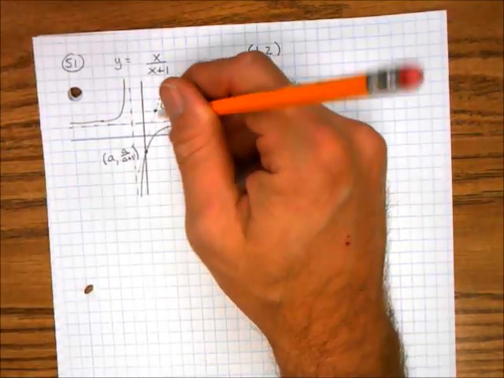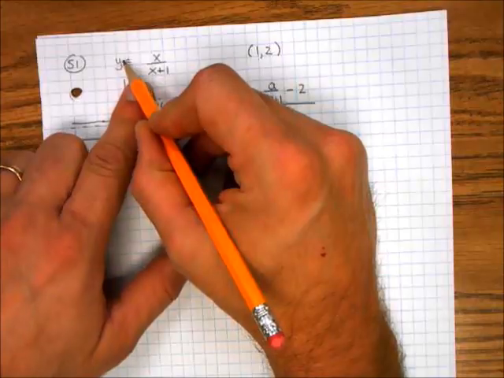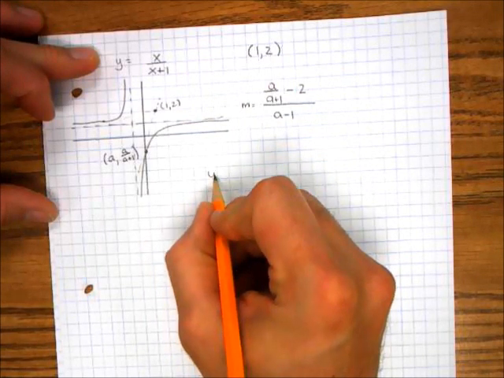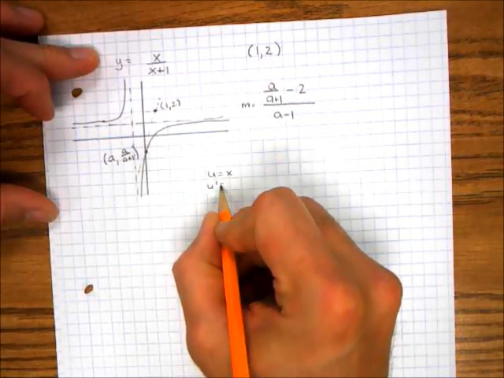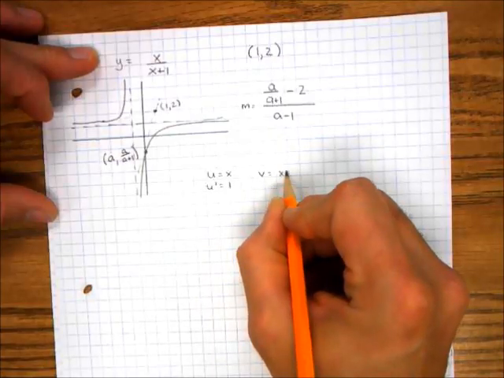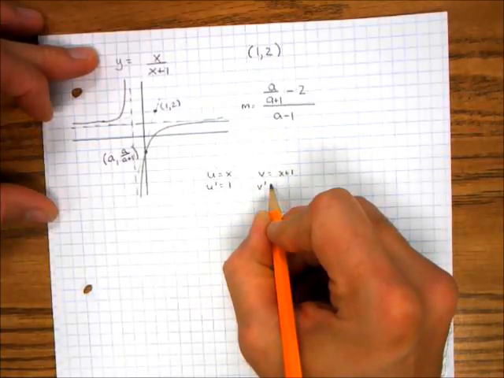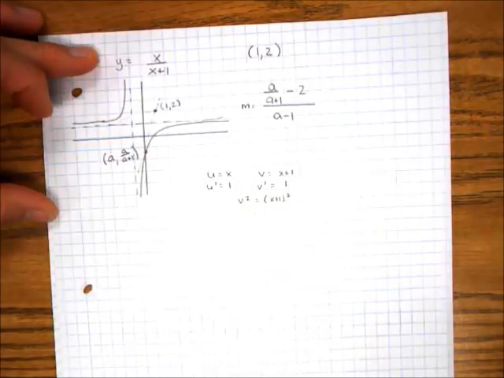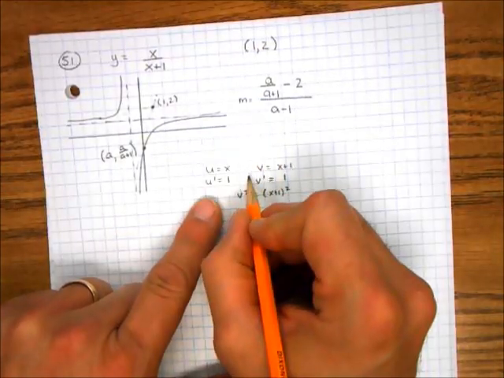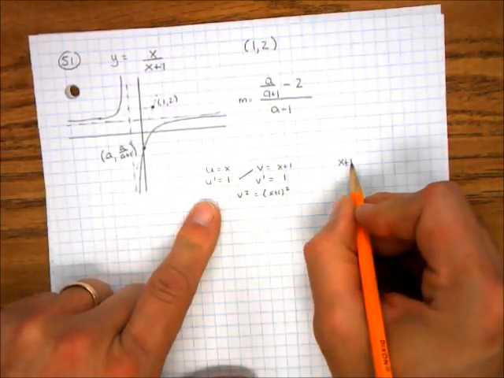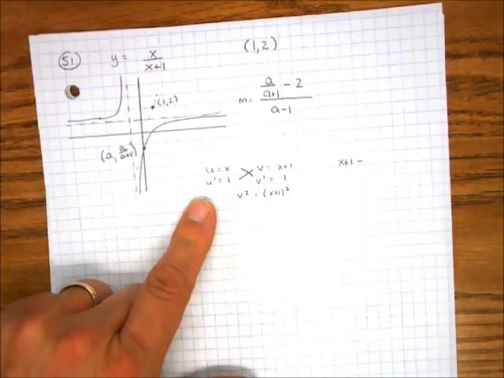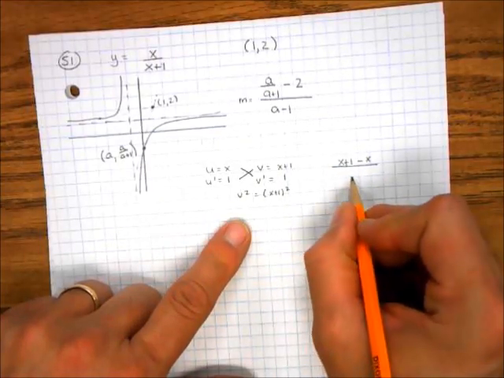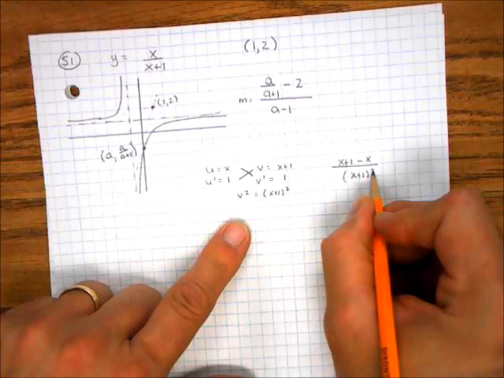Now, let's find the slope using calculus. The derivative of this using the quotient rule. Okay, let's find the components of this. U is x, u prime is 1, v is x plus 1, v prime is 1, and v squared is x plus 1 squared. Okay, so we go v u prime, x plus 1, subtract x, okay, all over x plus 1 squared.